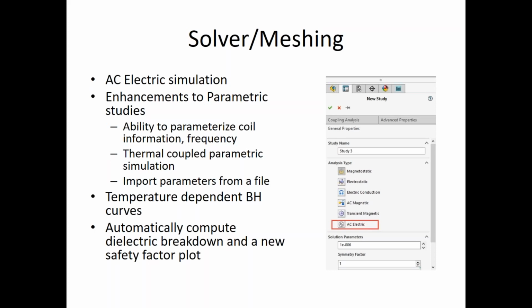So now we enable you to enter different BH curves based on the temperature, and the program will correctly select the appropriate BH curve based on the current operating temperatures of your model. And in the electric module, we now compute dielectric breakdown, and we've added a new plot which is called a safety factor plot, where you can identify regions in your model where breakdown has occurred.